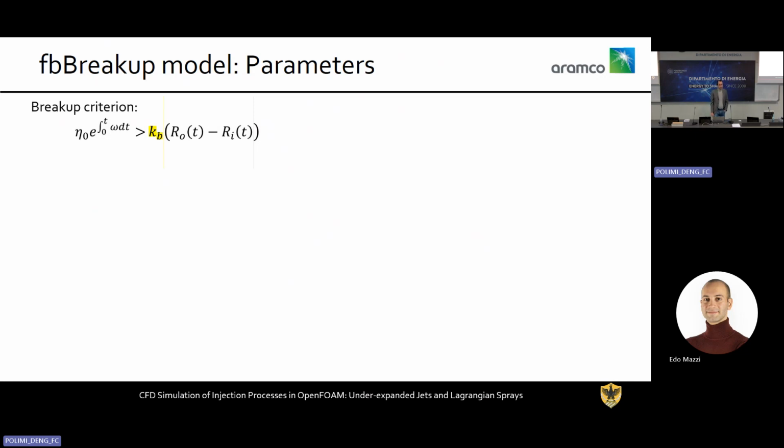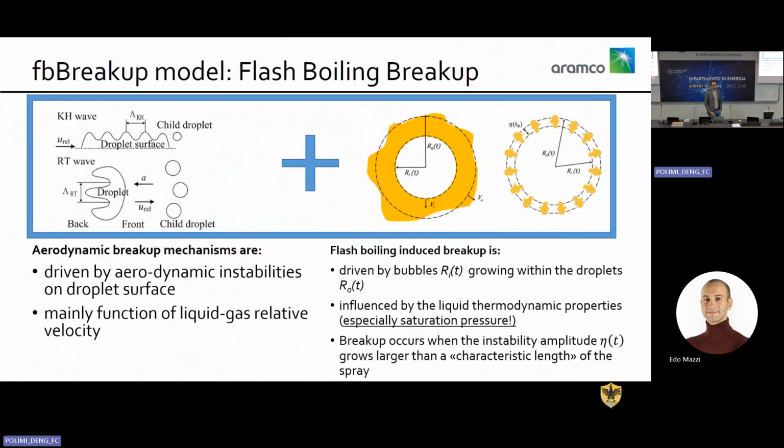Yeah. But are you considering that there is one bubble that grows in the Rayleigh process, not multiple bubbles that go together? It's one, right? Yeah, it's kind of a simplification because you have one bubble for each droplet. We thought of this in this way because it's obviously a simplified approach.